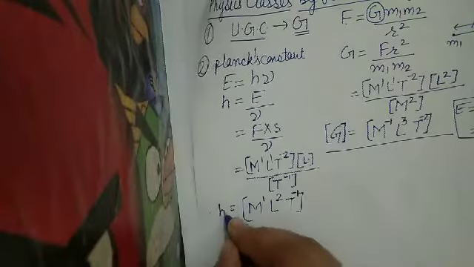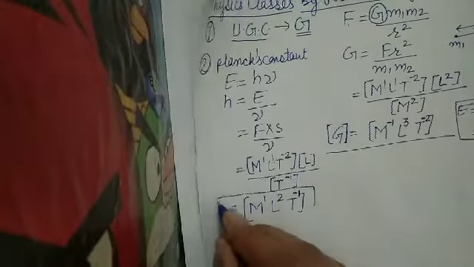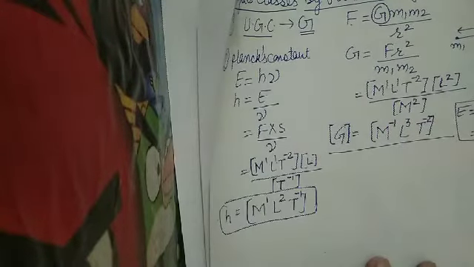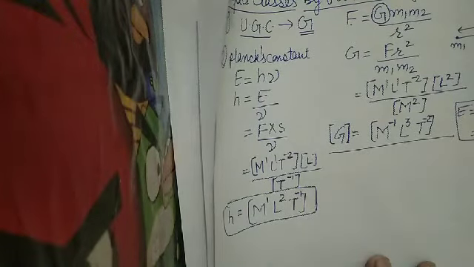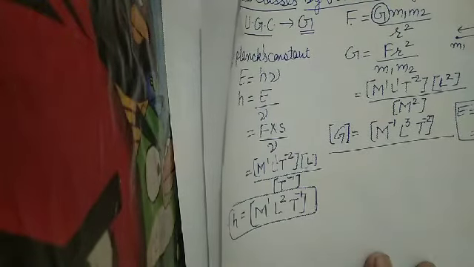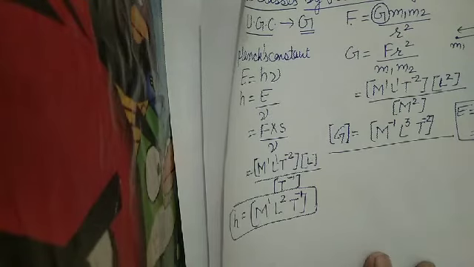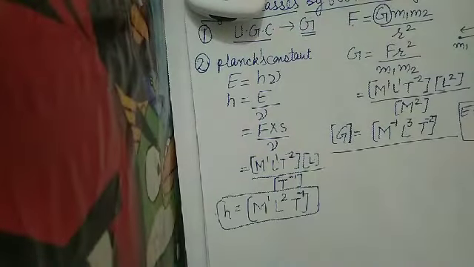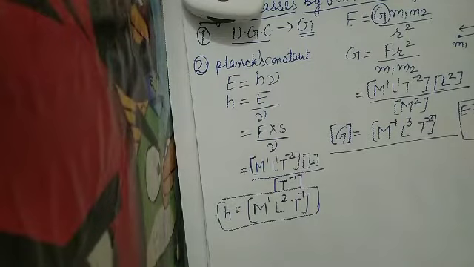That is the dimensional formula of Planck's constant. So from this you have come to know that for deriving the dimension of any physical quantity, you have to learn the formula. A table is given in your NCERT book, appendix 9, from which you can learn the formulas and revise your dimensional formulas also.